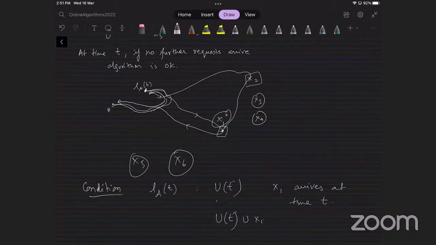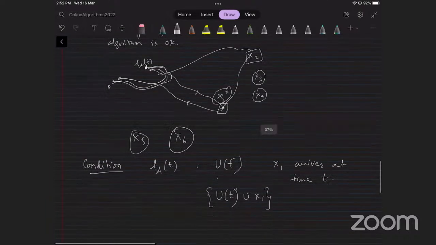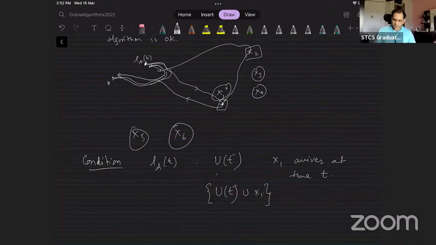If we defer considering x1 later... No, you have to tell me some algorithm. When should I include and when should I defer? We have to compute the distance of x from the origin. Okay, you're given that. So d of o comma x1 is known, and everything else is also known.